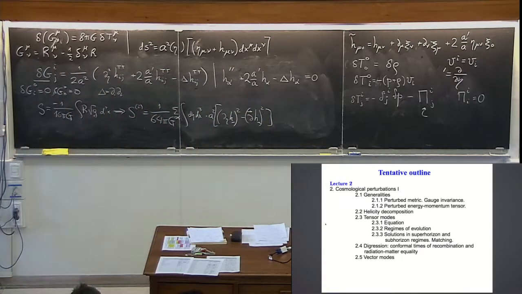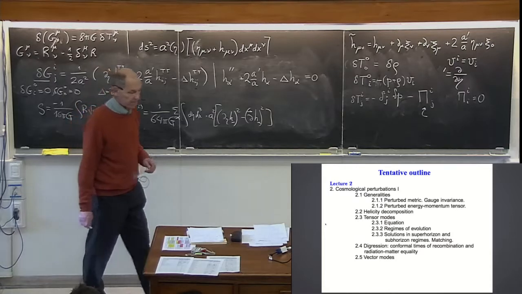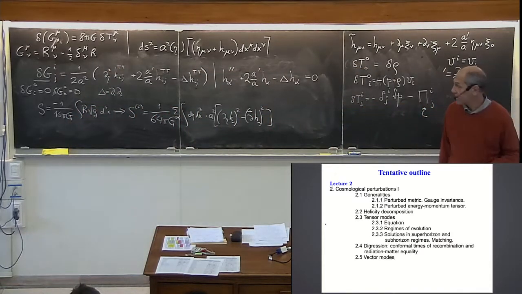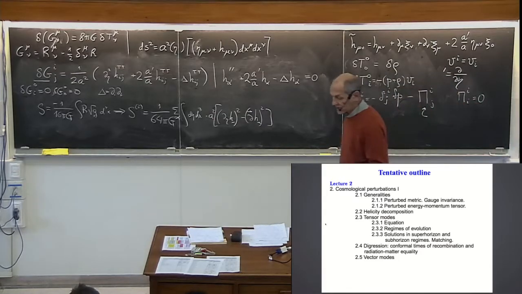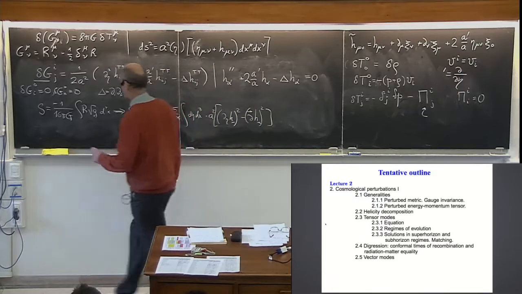So massless scalar fields minimally coupled to gravity, and gravitational waves behave exactly in the same way. That's a side remark. Okay, so this is our nice equation. Let's discuss its properties.